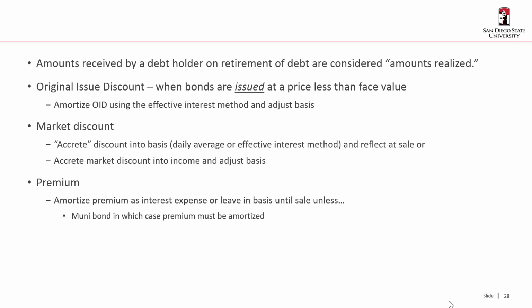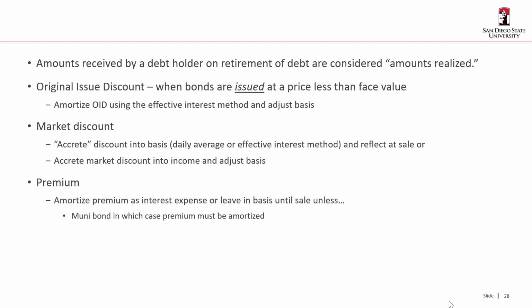Okay, so let's start with something known as original issue discount. And this occurs when a bond is originally issued at a price less than the face value of the bond. So for example, if you had a $10,000 bond and it was paying 3%, well, it could be that the market says, well, that bond should pay 4%.